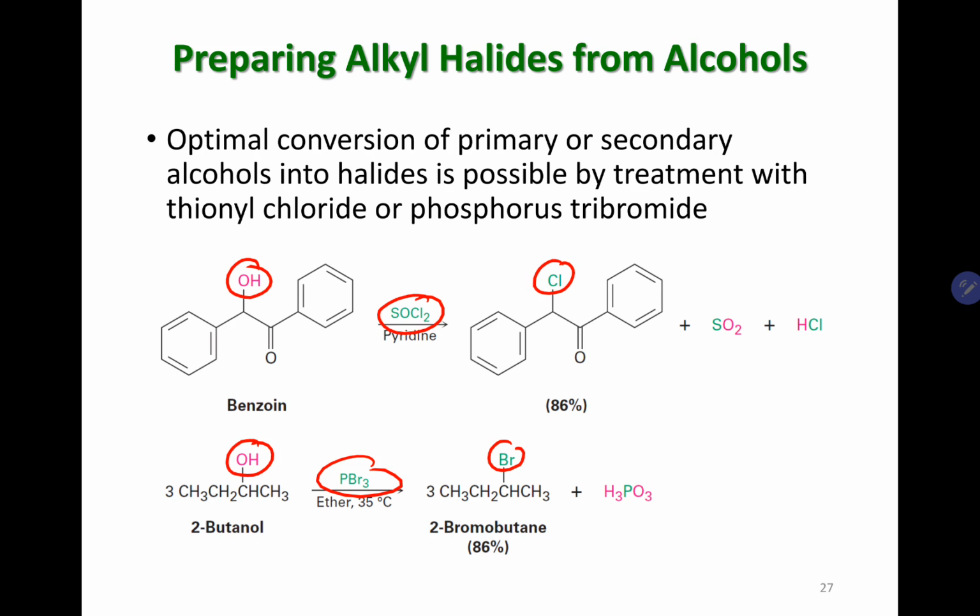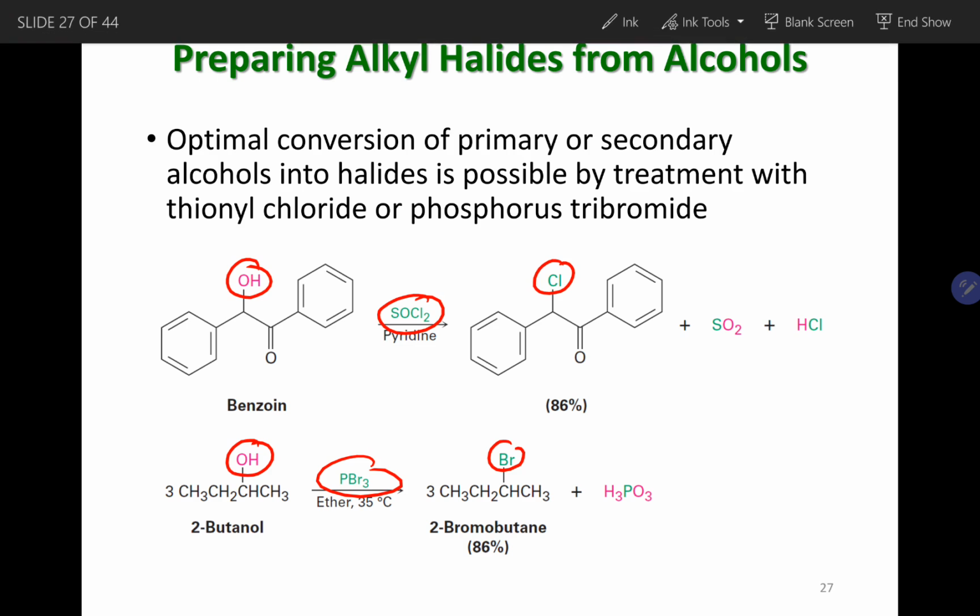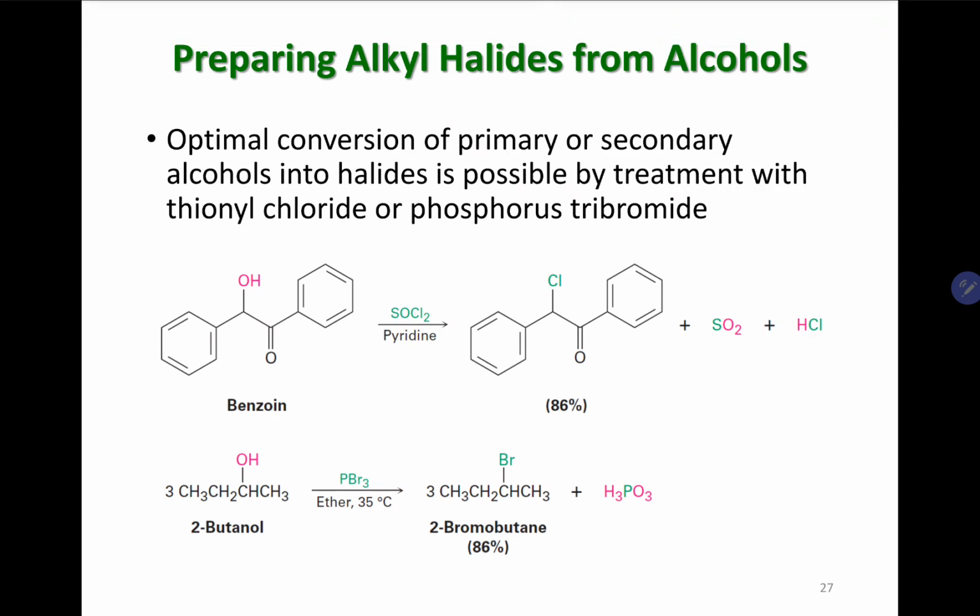Just to clarify, if you have a tertiary alcohol, you will use a reagent like HCl, HBr or HI to generate an alkyl halide from the alcohol.